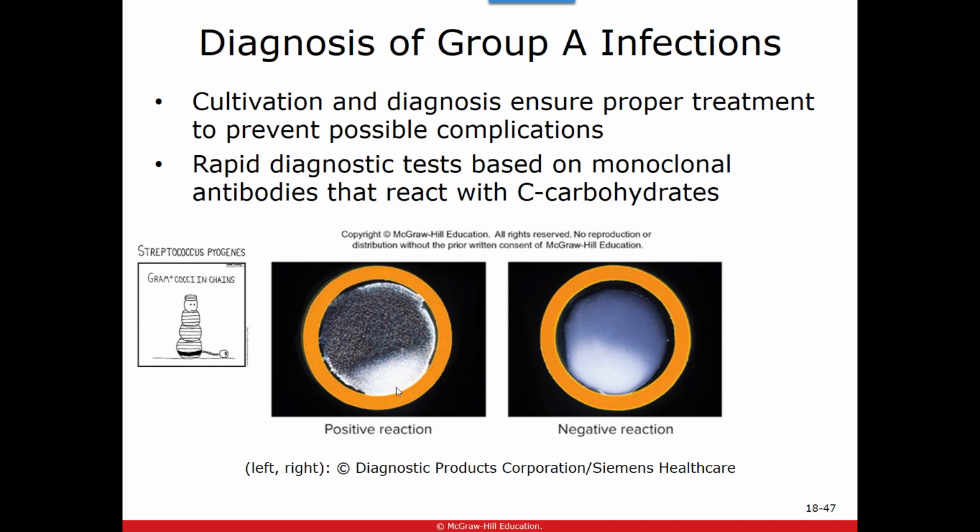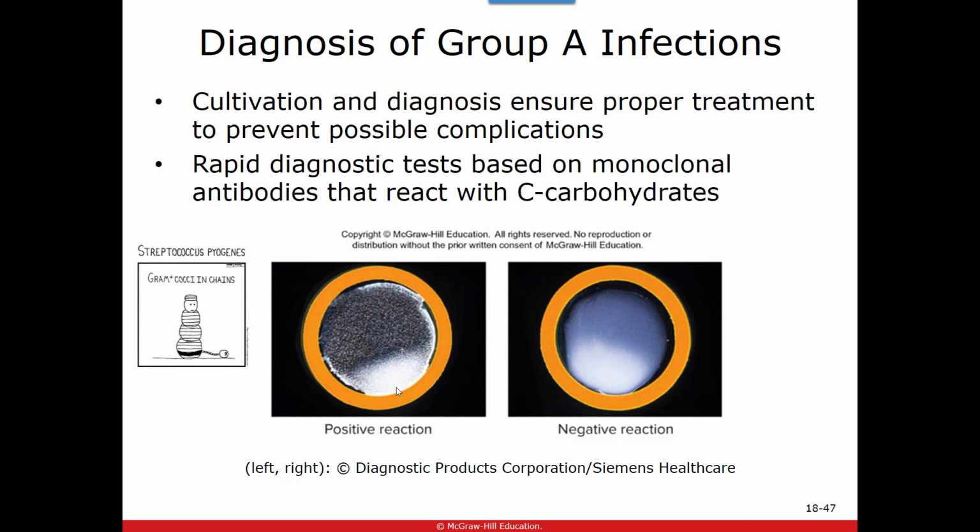If you've ever gone in for a throat culture, whether you've had strep throat or not, they usually do a swab. They leave the room, then come back 20 minutes later and say, you have strep throat, or, oh, you don't. They can do a rapid test. They're looking for specific antigens that would react with antibodies in a test. It's one of those rapid diagnostic tests. You get results in minutes.